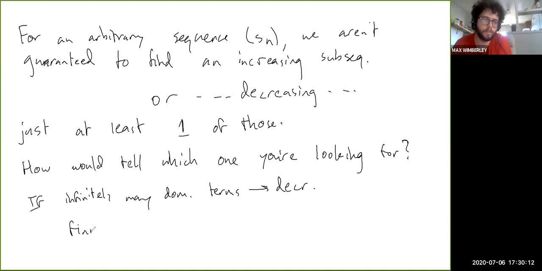If only finitely many, then we can find an increasing subsequence. It's not exactly a rephrasing, but if you imagine the condition of there not existing a decreasing subsequence of the given sequence, it's not the same as saying there are only finitely many dominant terms, but it's similar, I guess, if that makes sense.